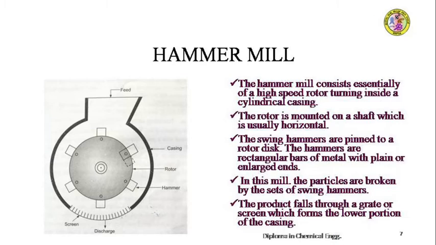The feed enters from the top, and when it comes inside, it is broken into smaller size by the swinging hammers as the rotor rotates, and when they are reduced to the required small size, they escape from the screen or the grate that is provided at the bottom of the machine. So that is a simple construction of hammer mill.